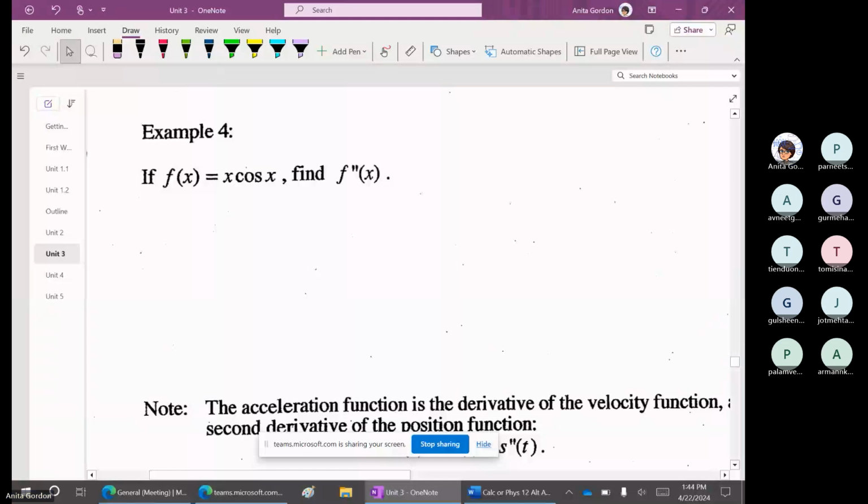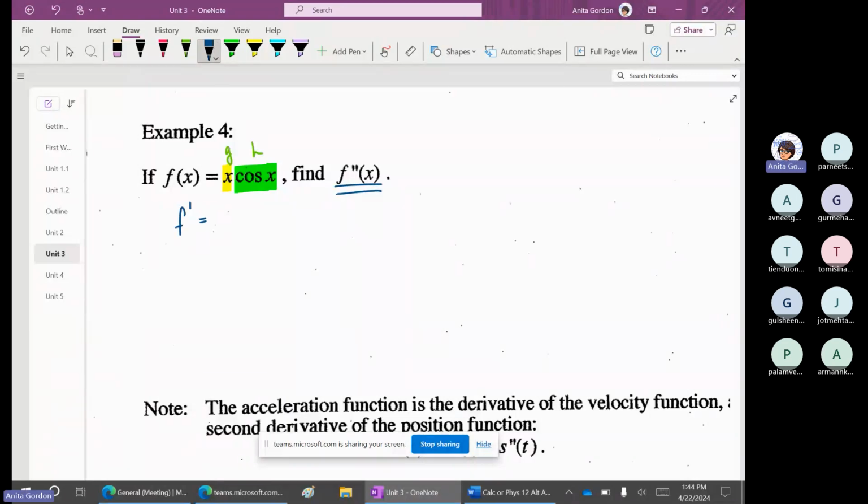Question 4. What rules do I need here? Product, anything else? A trig, yeah. So let's call this G, let's call this H, and we're going to do a second derivative.